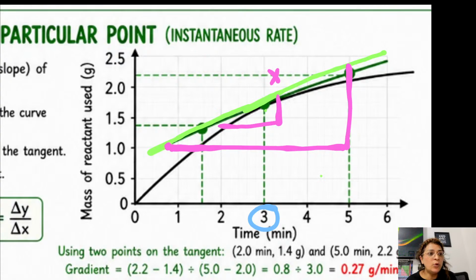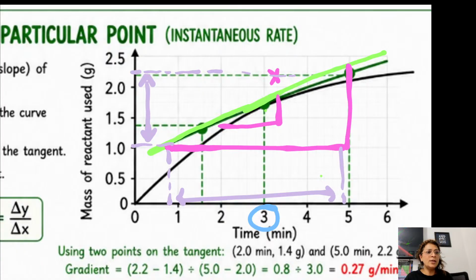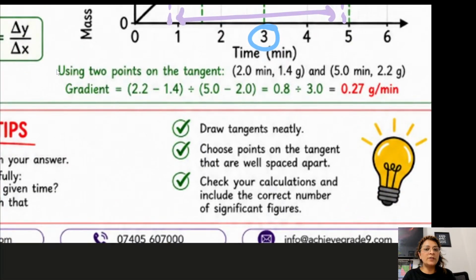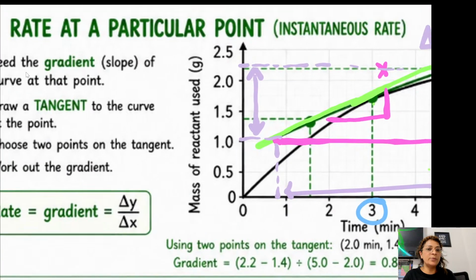And what you simply do is change in y over change in x. You find out how much this value is, and how much that value is, and you divide them. Change in y over change in x, and that gives you the answer. So this is one of the things you must remember.